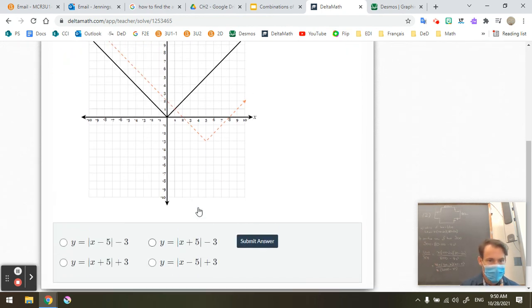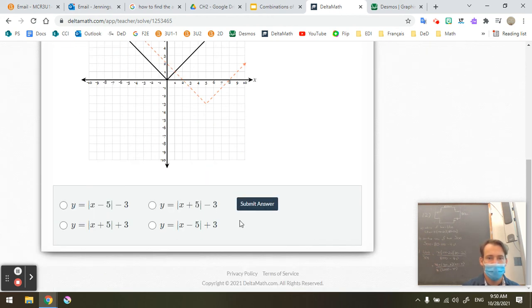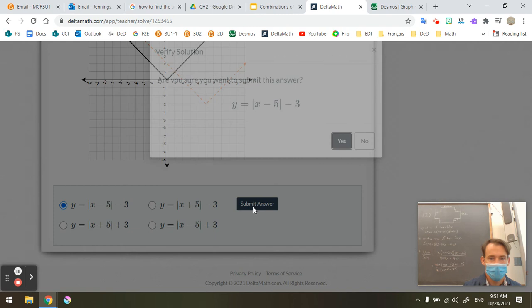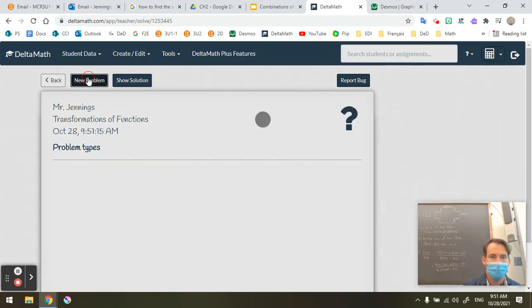So I could say, well, one of these is going to do it. I want to subtract 5 from all my inputs and add -3 to all my outputs. So it looks to be this one here. y is equal to |x - 5| because it moved 5 to the right. And it went down 3. So it's this one. So that's this type of problem.